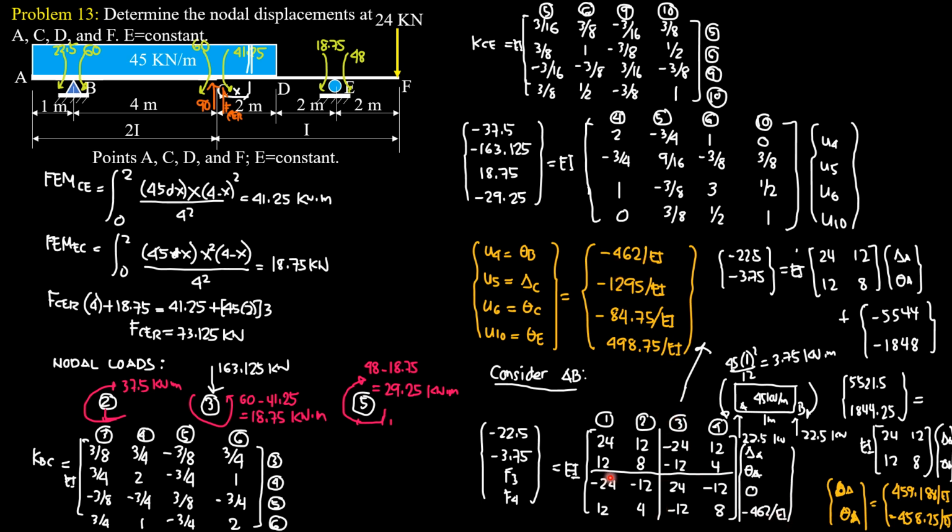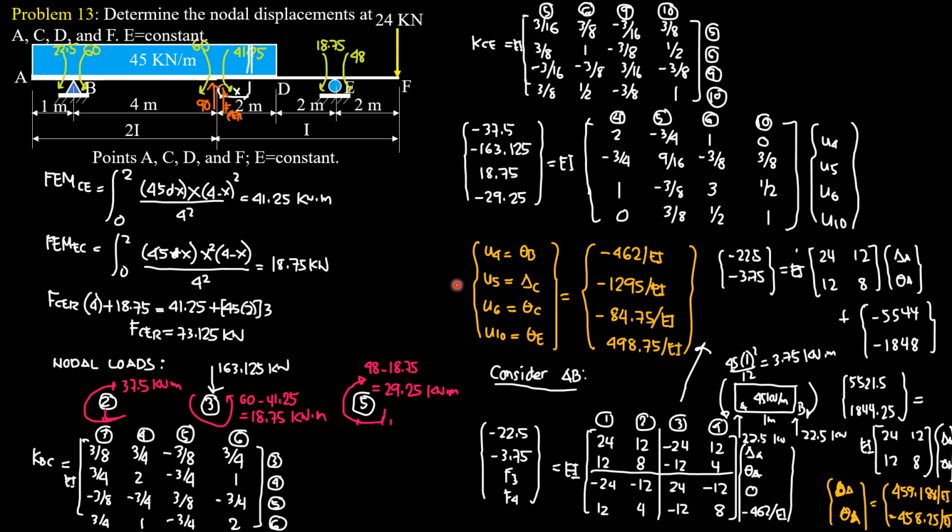Then by partitioning, we only expand this part. So this matrix times this unknown displacement matrix, delta A and theta A. So 24, 12, 12, 8. By the way, for 1, 2, 3, 4, that's the stiffness of member AB.